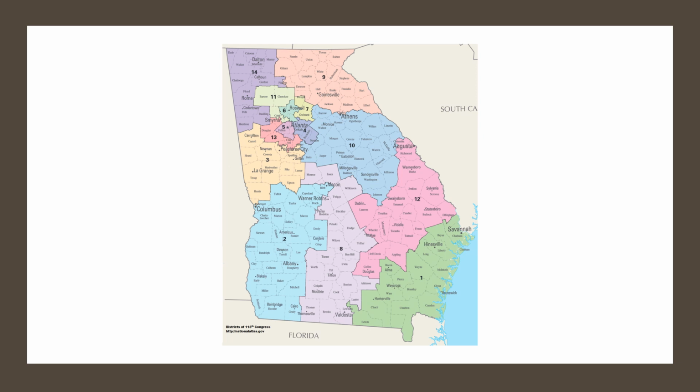So realistically, how has that played itself out in Georgia? If you look here, I want you to look at District 2, the blue in the southwest part of Georgia. This is a highly populated African American area. It's very rural.